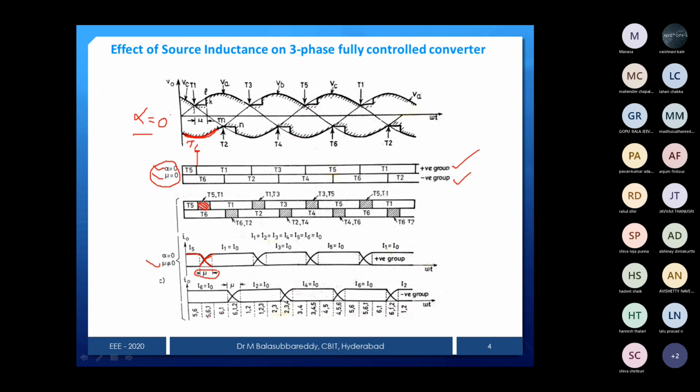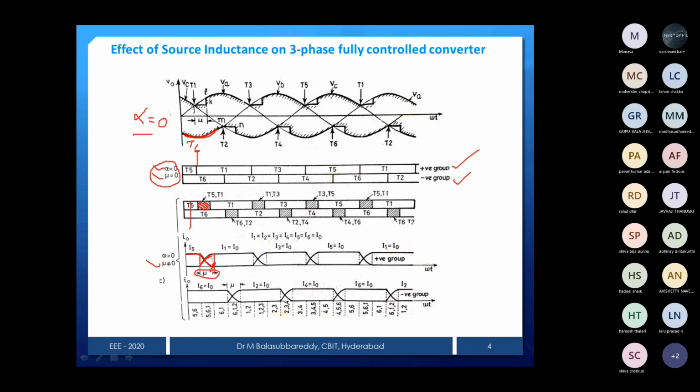So then totally how many devices are conducting? From here the instant is 5 and 6, then the changeover is this duration. Under that condition you can see that 5, 6, 1 are conducting. After the overlap period is over, what happens?